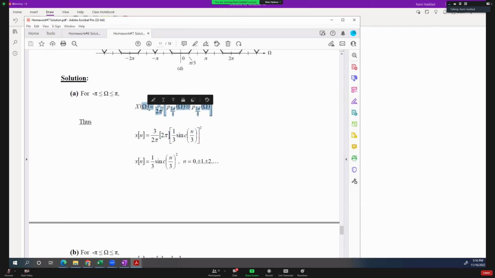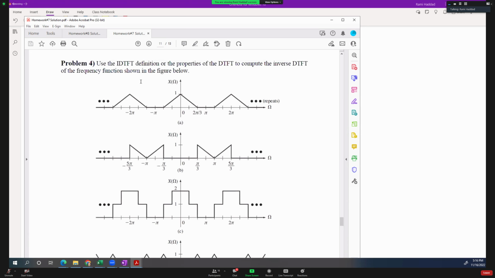So that's the whole idea, is that you creatively figure out how you can leverage the properties to solve a problem. The other approach would have been figuring out what this function is and this function is and use the definition, which is not going to take you anywhere to get the inverse because it's going to be complicated.